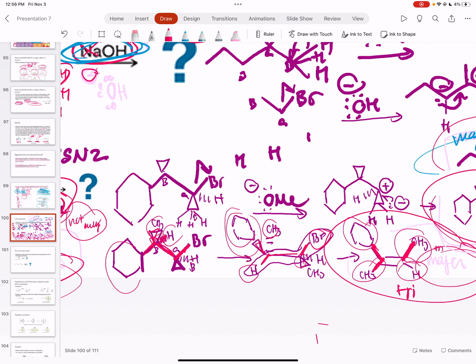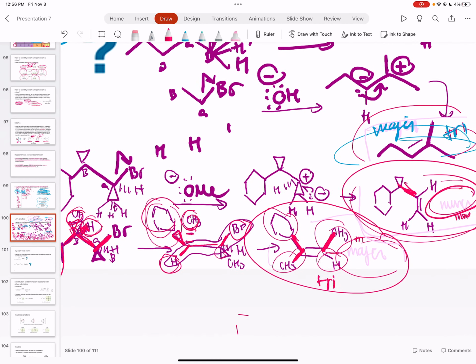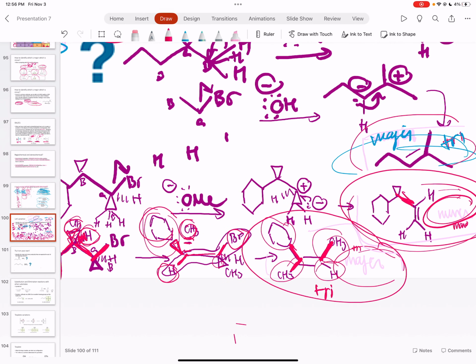I just changed the order: in here I have my cyclo, then my CH3 and hydrogen, and then I changed the order to hydrogen, cyclo, CH3. So I just rotated. Then I can have my hydrogen on a normal bond, and after that I can proceed to eliminate those two, or remove them, so I can make a double bond between them.